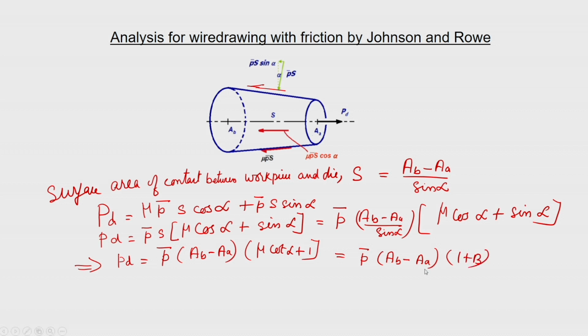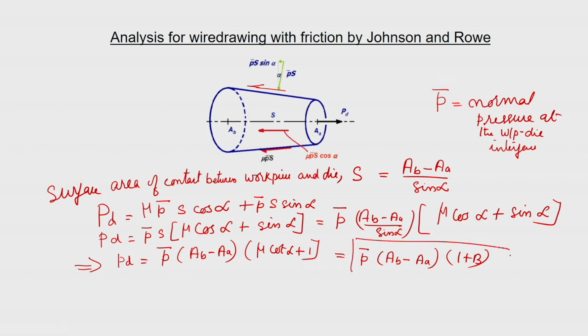But remember that this is not the average pressure. See, P bar is the normal pressure at the workpiece die interface. Do not confuse it with the average pressure and other things. Okay. So, this is the expression you are getting.